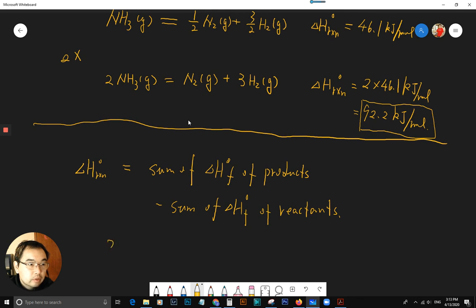The equation is like that, plus 3 hydrogen gas.